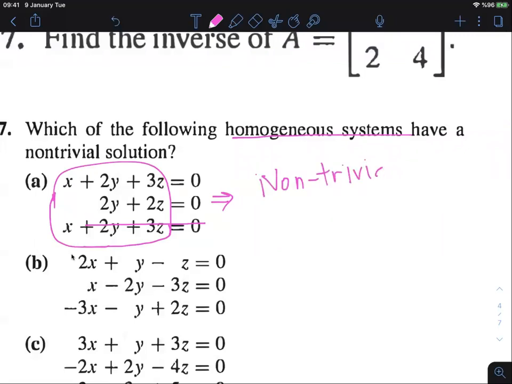So how many independent solutions can we find for this one?